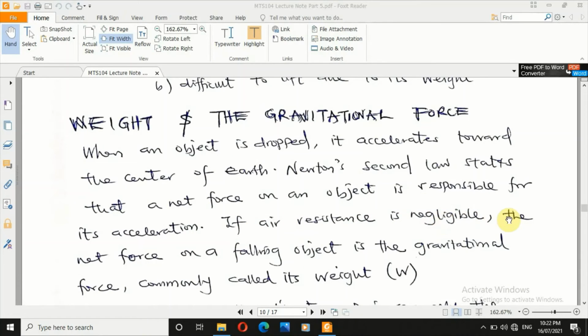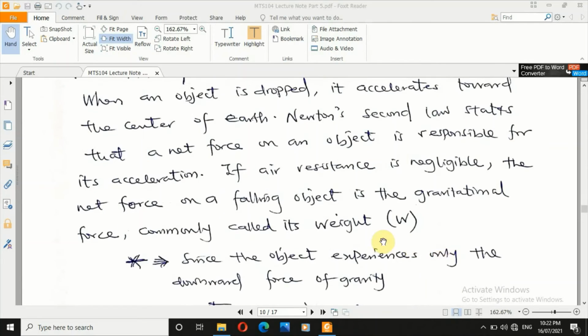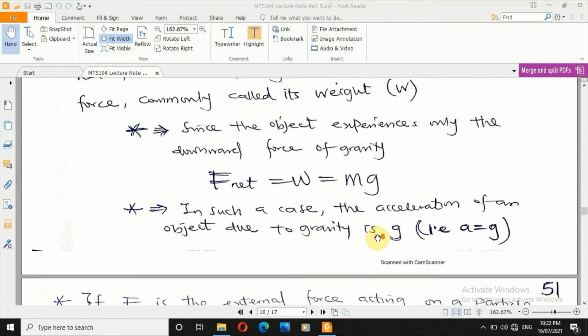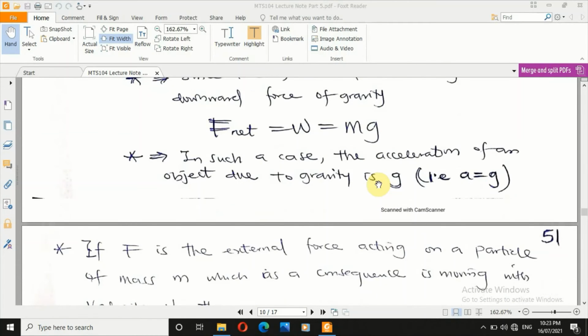If air resistance is negligible, then the net force on a falling object is the gravitational force, commonly called its weight. So here we can see that weight is the same thing as force, but weight is mass times gravity. It has to do with gravity. So in the case of weight, acceleration is replaced with gravity.